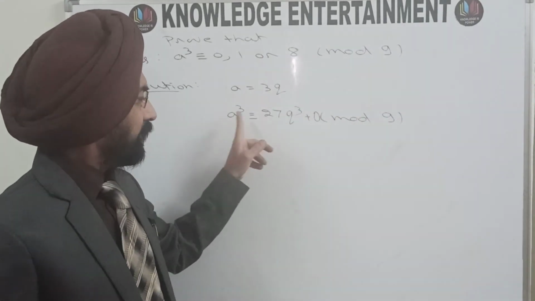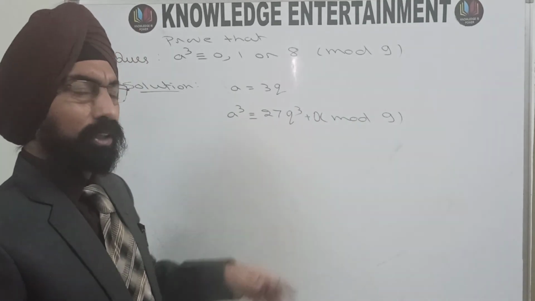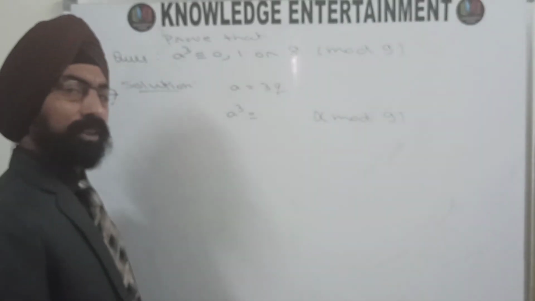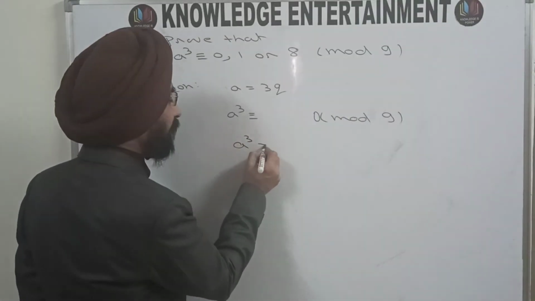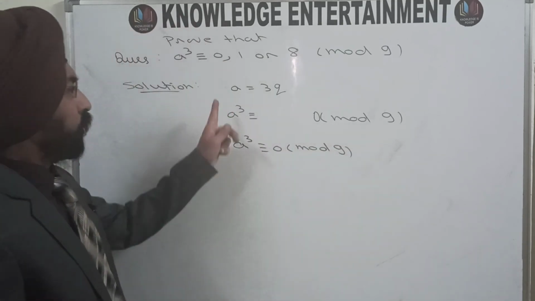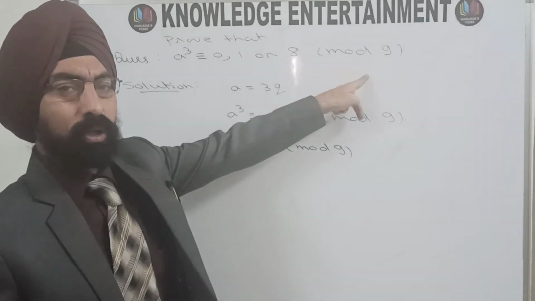And if in a congruence equation a number is a multiple of the modulo number, then it can be removed. So you will have no objection if I remove 27q cube here. So what you will get? You will get a cube is congruent to 0 modulo 9. So in case your a is of the type 3q, your a cube will be congruent to 0 modulo 9.